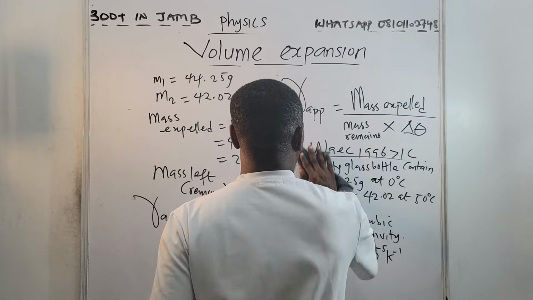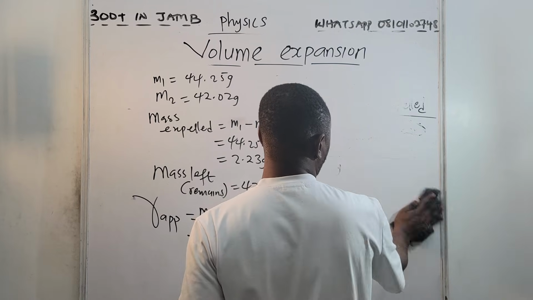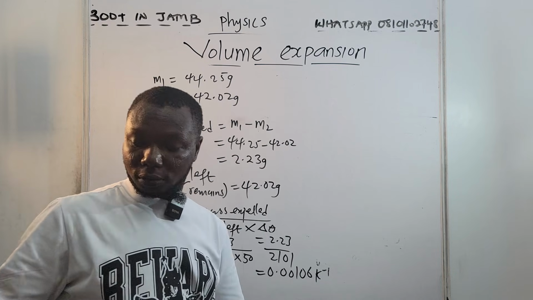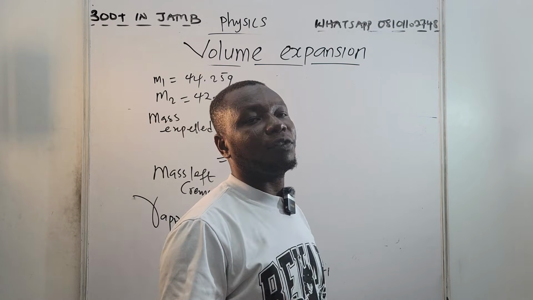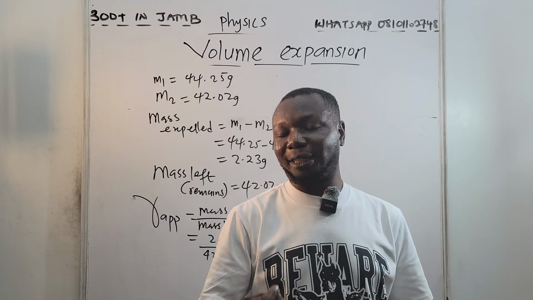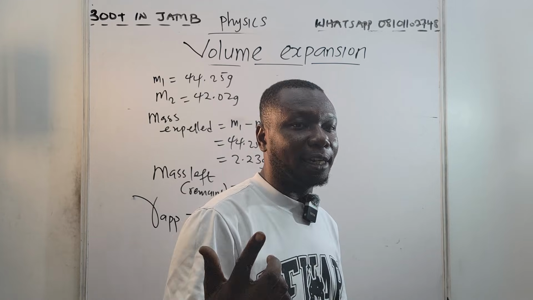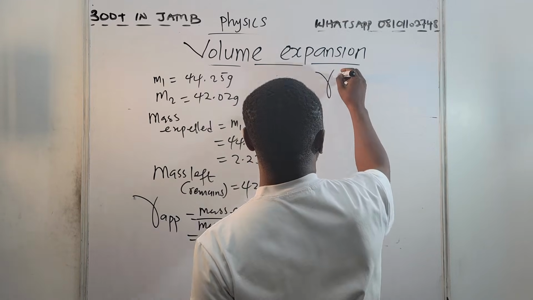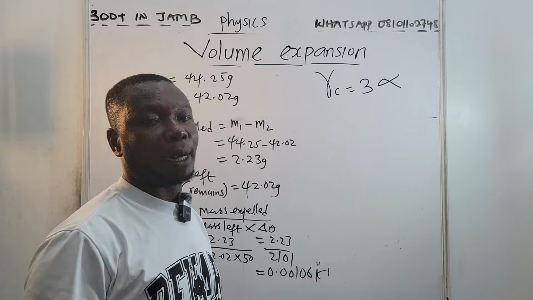So the next thing is to get the container's volume expansivity. The volume of the container is not given, but the linear expansivity of that material, which is glass, is given. There's a relationship, which I stated in the previous video. The cubic expansivity of the container is 3 times the linear expansivity.